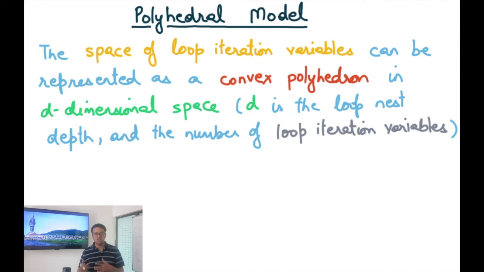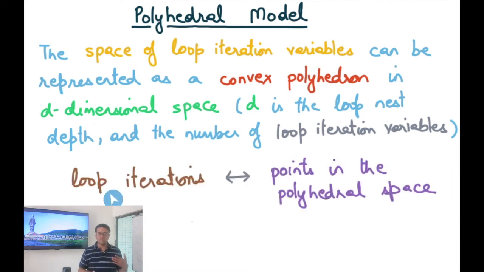If it's 3, then we get a 3-dimensional polyhedron. In general, if we have a d-depth loop nest, then we get a d-dimensional space of iterations, where each dimension represents one iteration variable corresponding to that particular loop in the entire loop nest.